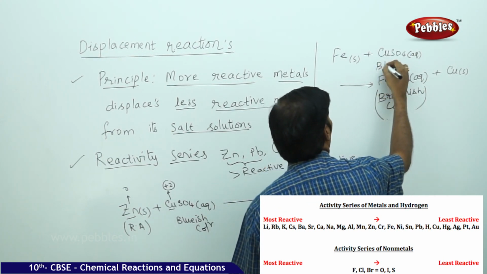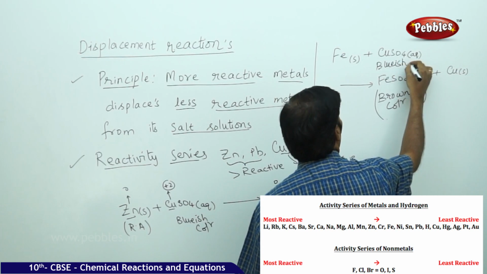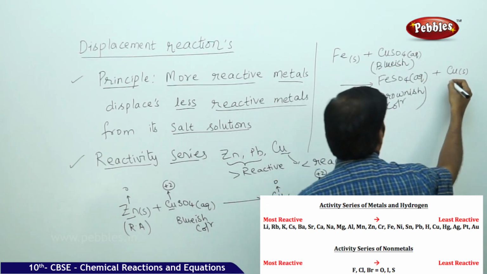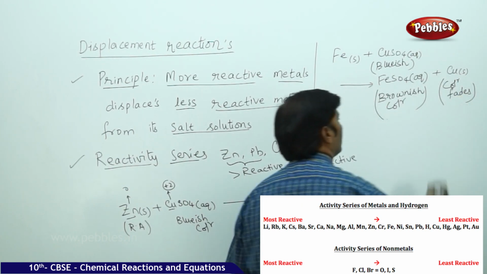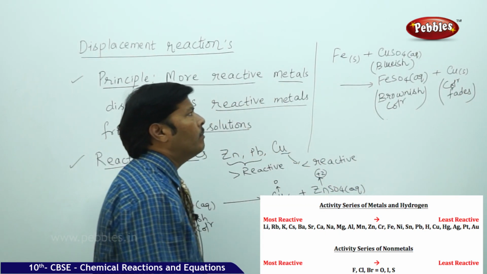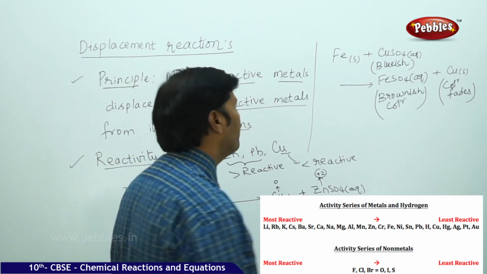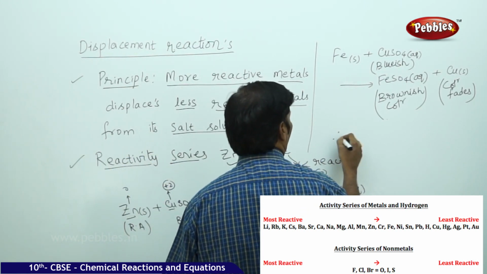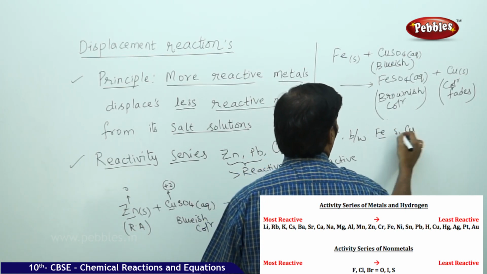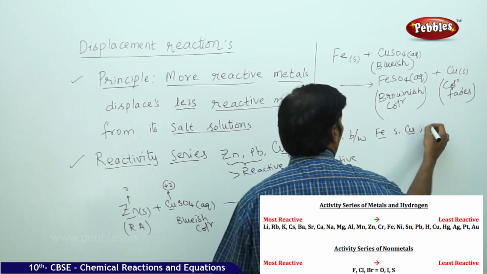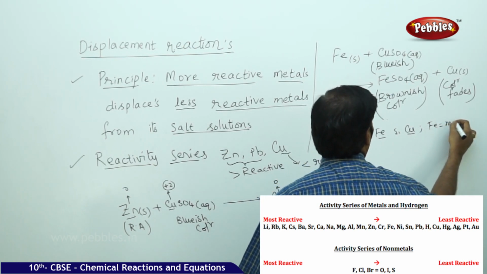This is bluish color, and this color fades. Less bluish color is obtained because copper is a solid. From this equation, it's very clear that between iron and copper, iron is more reactive.